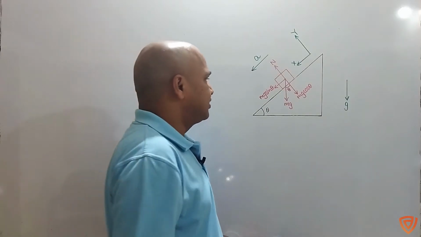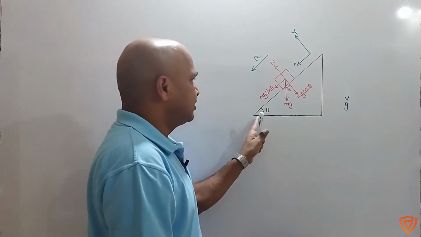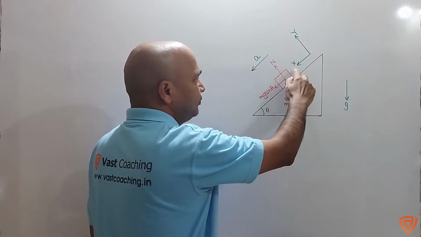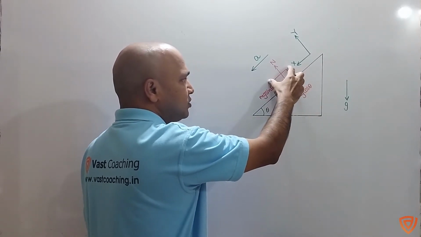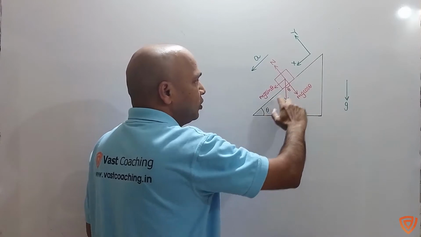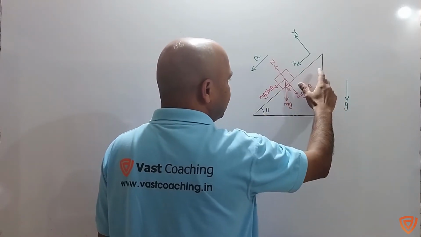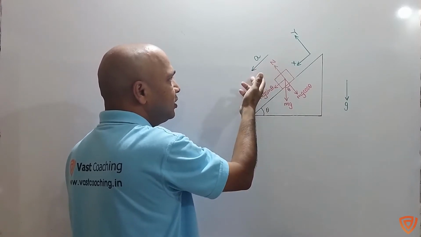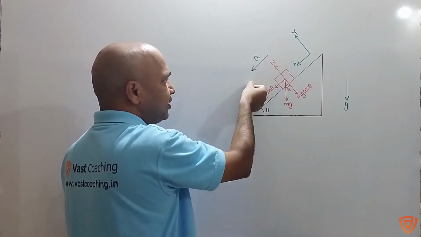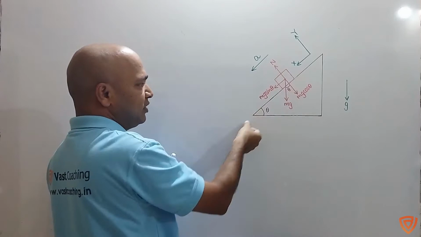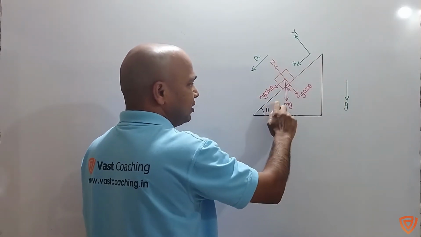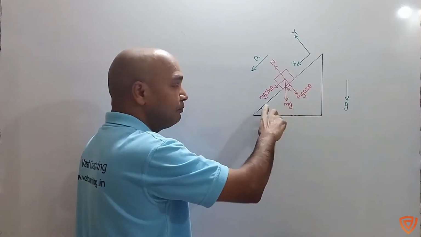Let's take an example of this particular system. There is a body, this mass, kept on a triangular wedge. It is sliding down; you can see an acceleration shown in this direction. So the block is going to move in this direction, and the wedge has an inclination angle of theta.